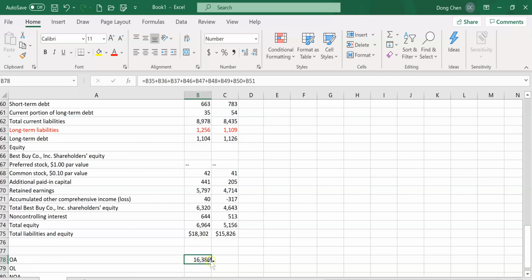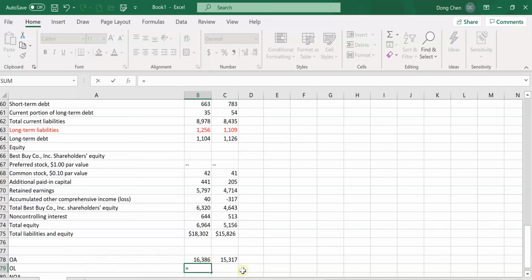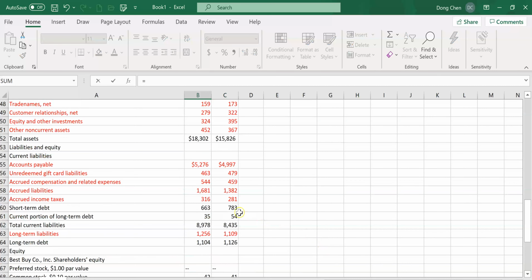We can pull the cell to the right to also get the operating assets for the other year, and operating liabilities do the same, but for the liability side of the balance sheet. We start from the accounts payable, and then add the unredeemed gift card liabilities, and accrued compensation, and accrued liabilities, and accrued income taxes, and finally long-term liabilities.